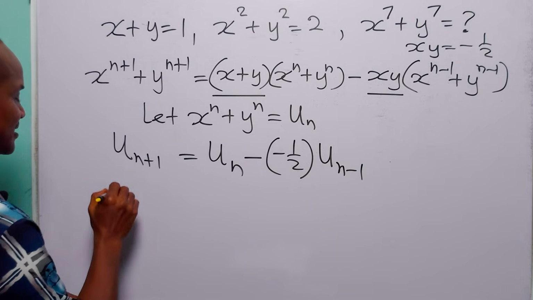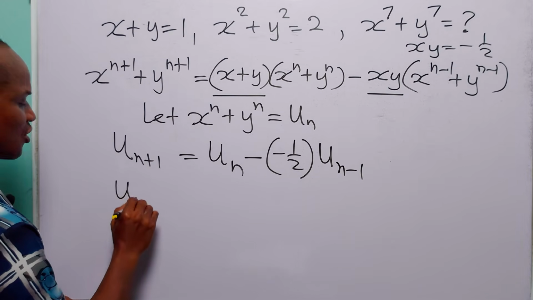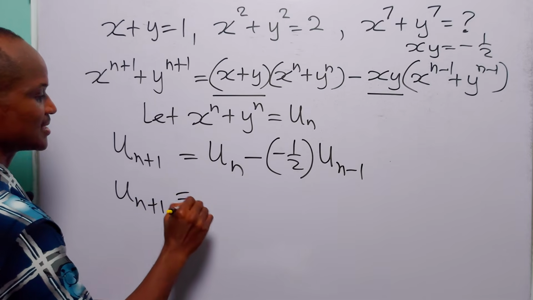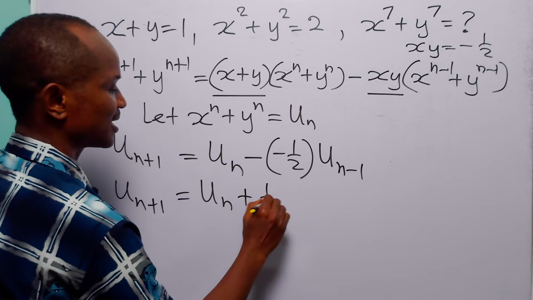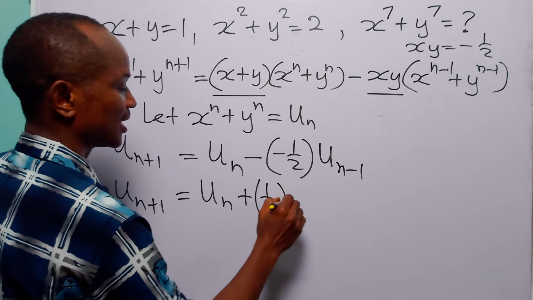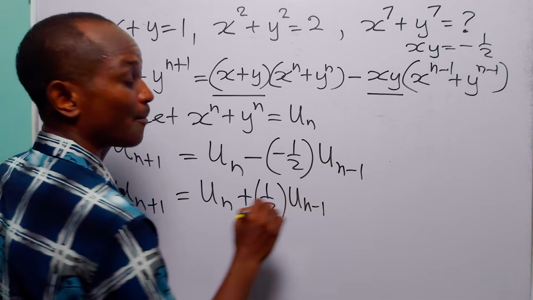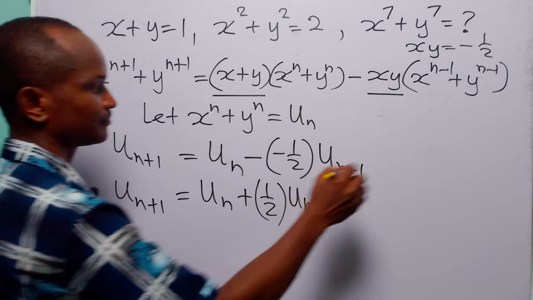When we simplify this, we have u sub n plus 1 is equal to u sub n, minus minus is plus, plus half times u sub n minus 1.